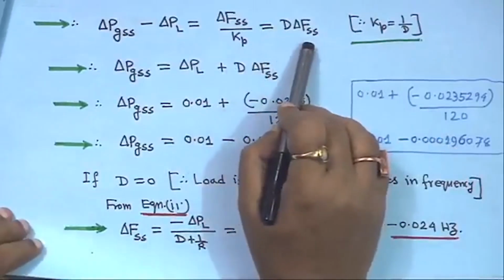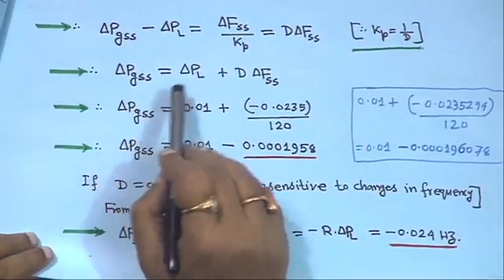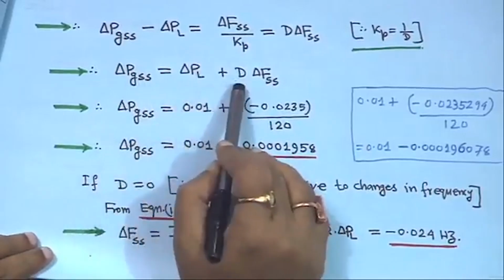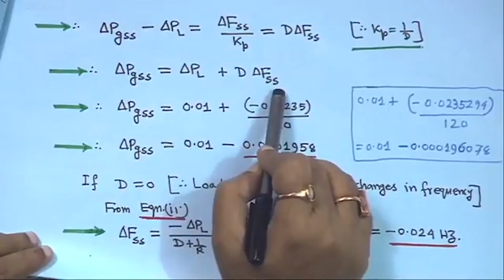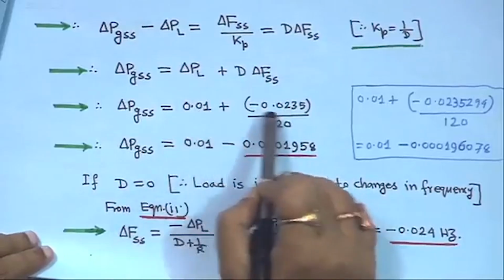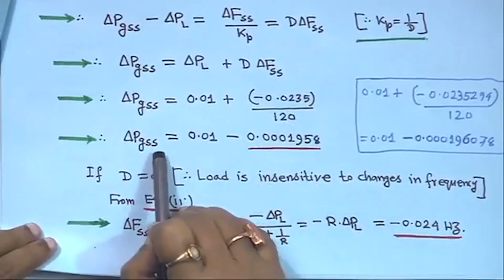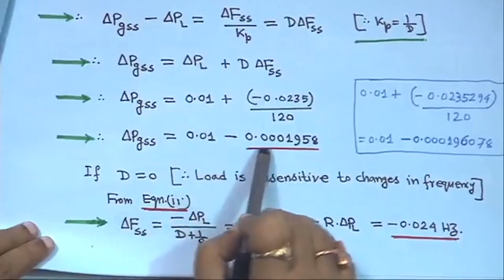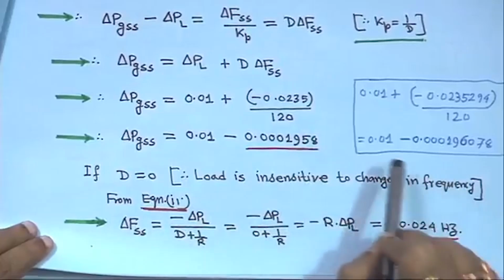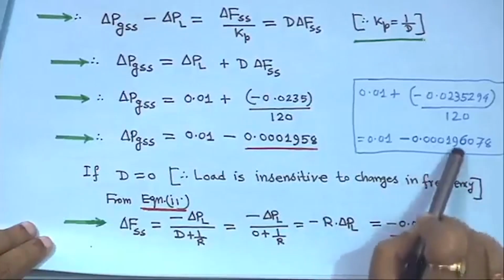So, that is equal to d into delta FSS. That means delta PGSS is equal to delta PL plus d into delta FSS. That means delta PL is 0.01 plus this minus 0.0235 upon 120. So, delta PGSS is actually coming 0.01 minus this term, right.